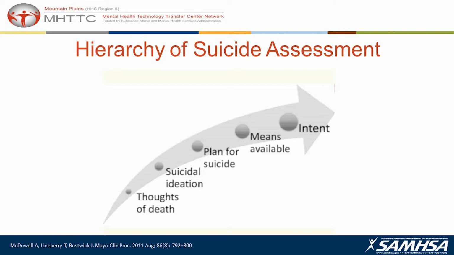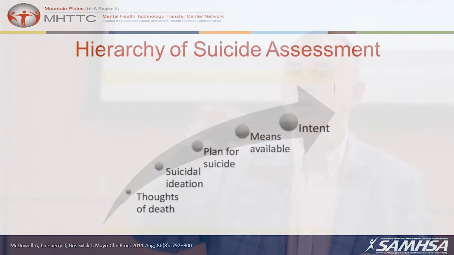You know, are you starting to think about suicide? And then, if so, what would I do? And how serious am I about this? And then when I'm thinking about it, do I have the means to do so? And then do I have a plan? So that's kind of the hierarchy that we look at as we're talking about risk.